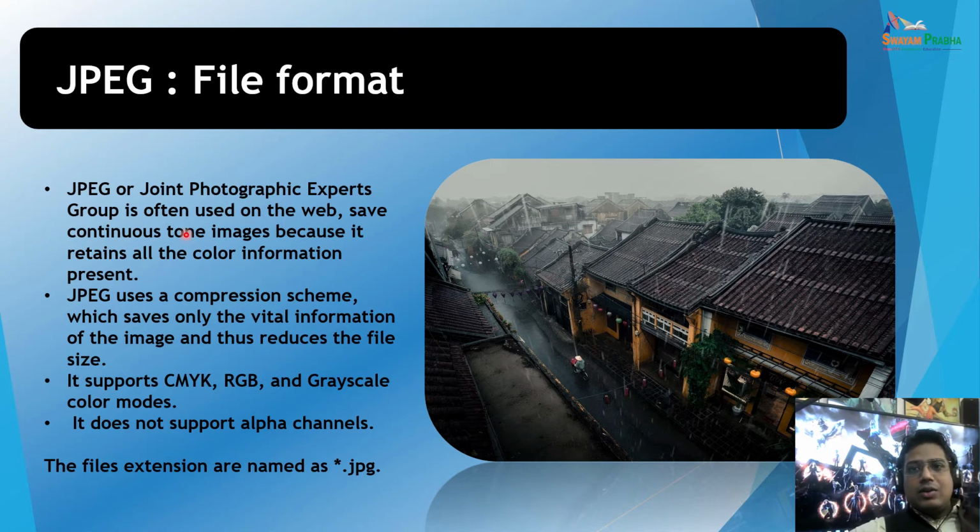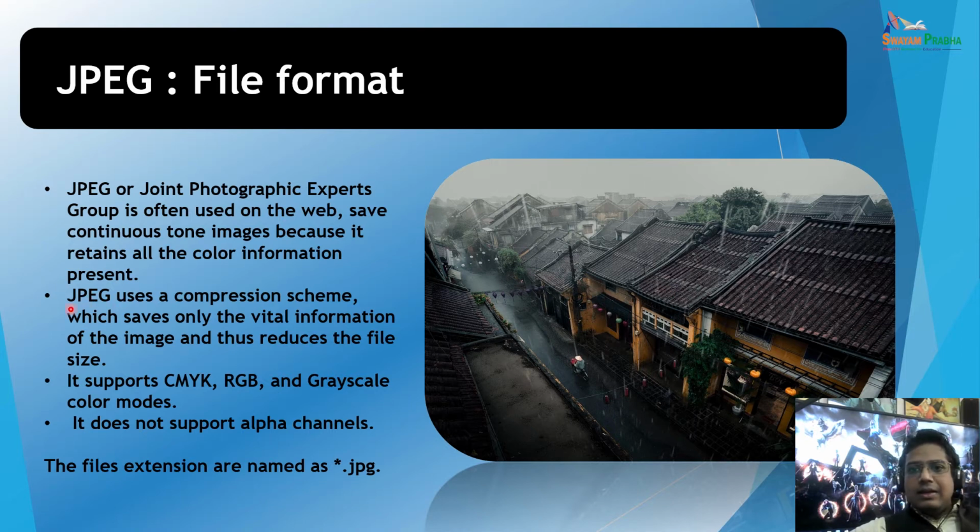Here we have mentioned that JPEG, or Joint Photographic Experts Group, is often used on the web to save continuous-tone images because it retains all the color information in a 99.99% accurate way, right? You can check this image, how rich, crisp and sharp it looks, with so much detail. We can even identify all the range of information there, right?